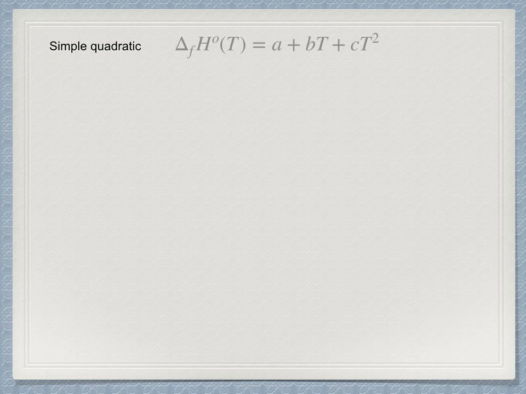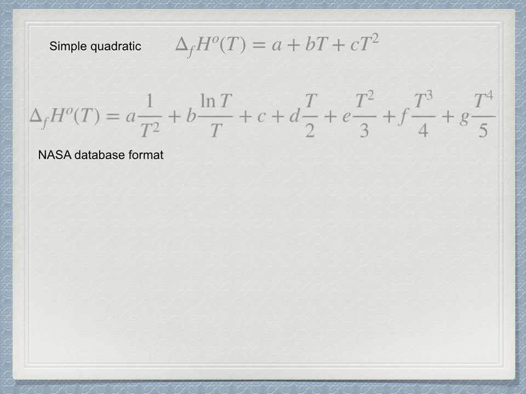By comparison, the complexity of the fit can improve the quality of the results. NASA provides access to a very thorough database online. Their enthalpy data are fit to an equation of the form A over T squared plus B ln T over T plus C plus DT over 2 plus ET squared over 3 plus FT cubed over 4 plus GT to the 4th over 5.